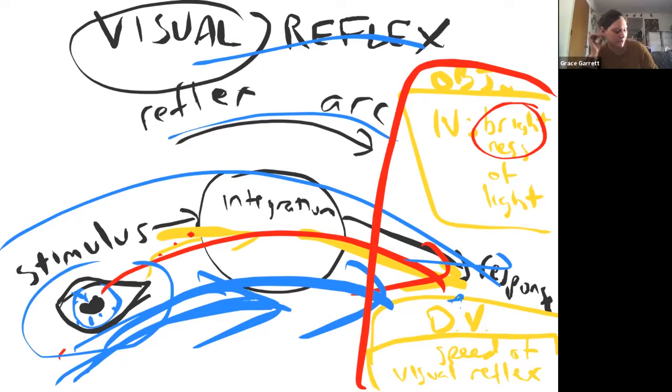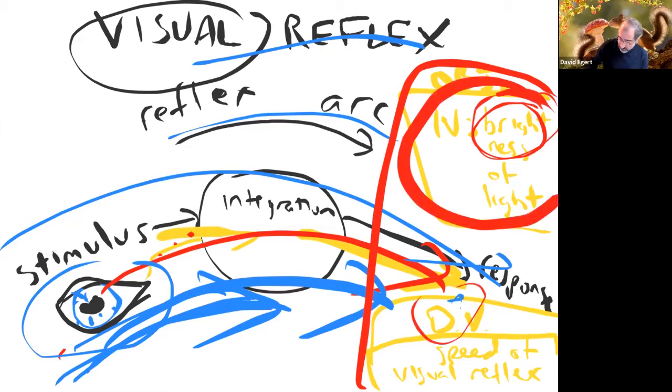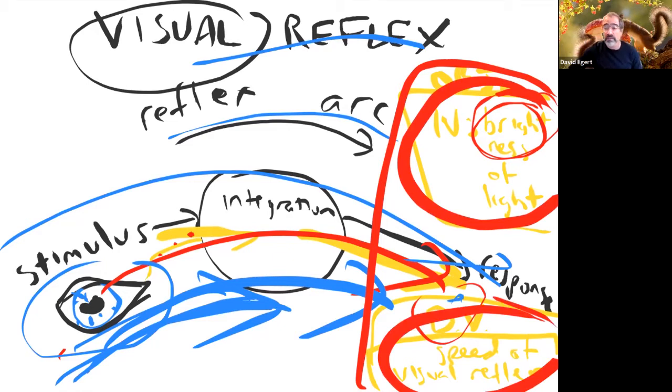Because the cones are processed more quickly and the rods process slowly. And then you have to include the brightness of the light in there, because ultimately we're asking, how does brightness affect the speed of the reflex? So if you wanted to really put it all together.